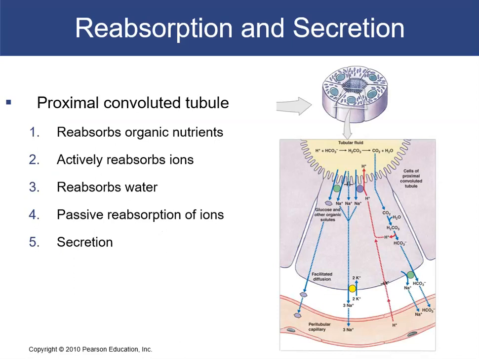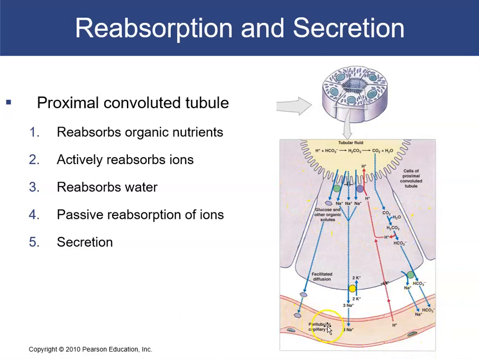We'll start with the proximal convoluted tubule. Again, let's set up this picture. The yellow is the tubular fluid. This was the filtrate that is now going through the tubular portion of our nephron. The purplish pink, these are the cells that make up the wall of the proximal convoluted tubule. So these are the cells of the nephron.